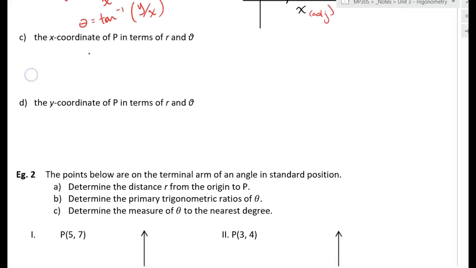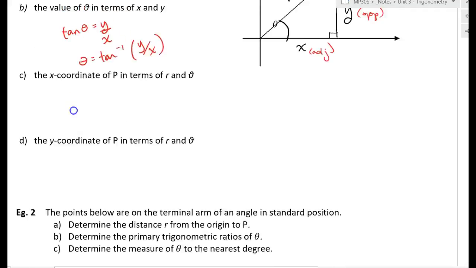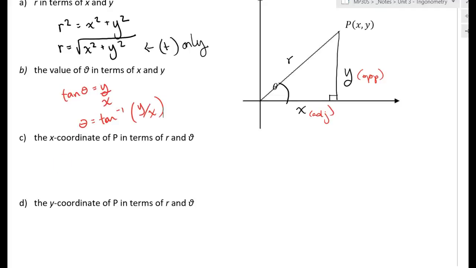Okay, the x coordinate in terms of r and theta. So I want to talk about x, I want to know about r and theta. So again, this is the hypotenuse because it's across from my right angle. And theta, so hypotenuse, x is adjacent, theta, so that means I am using cosine equals adjacent over hypotenuse.